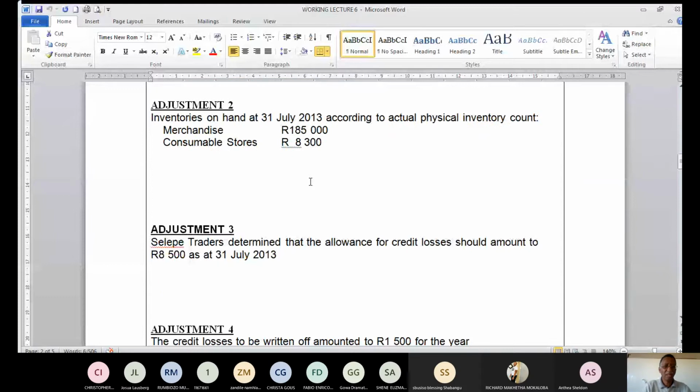Adjustment number 1 was just telling you that we are dealing with a sole proprietor business that uses the periodic inventory system.